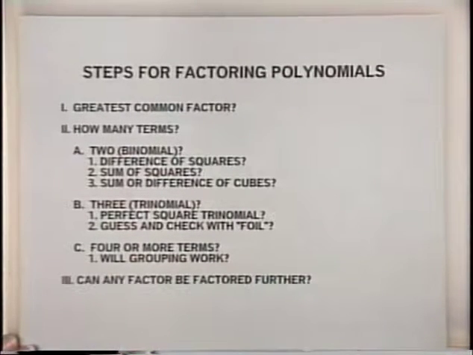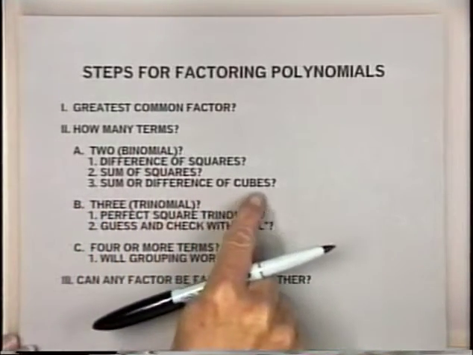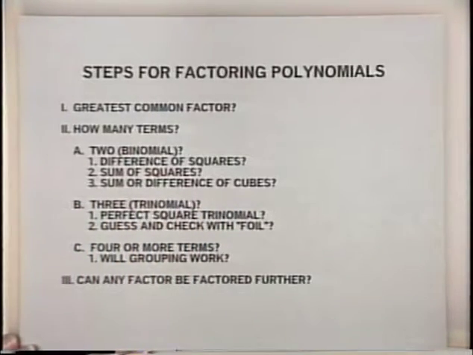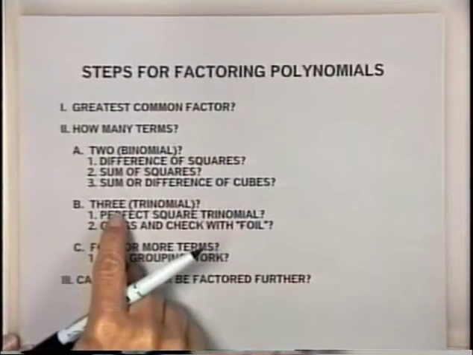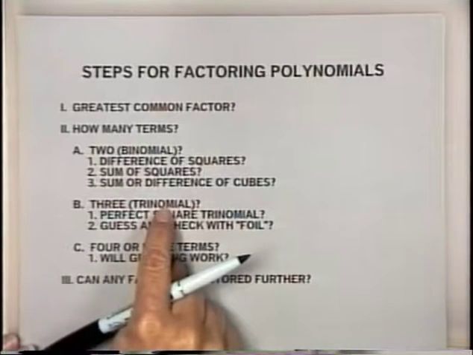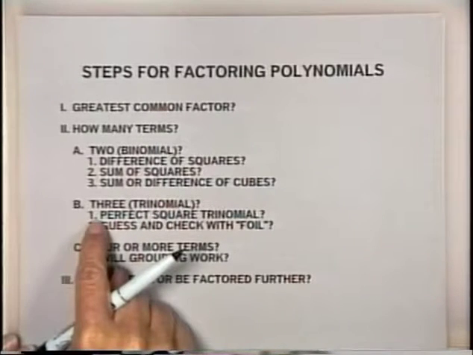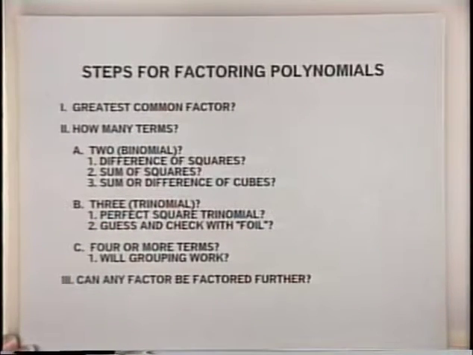If it is not a sum or difference of squares, perhaps it would be a sum or difference of cubes. We have also had formulas that would tell us how to factor sum or difference of cubes. If you do not have two terms, perhaps you have three, a trinomial. The first thing you should check for on a trinomial is to see if this might be a perfect square trinomial.